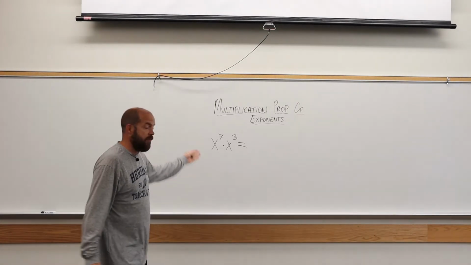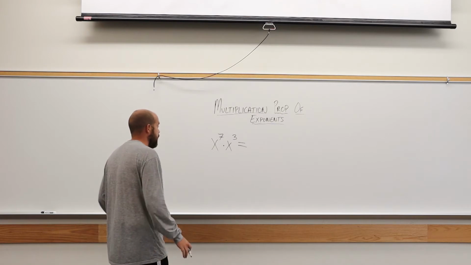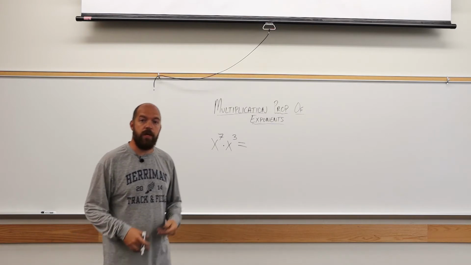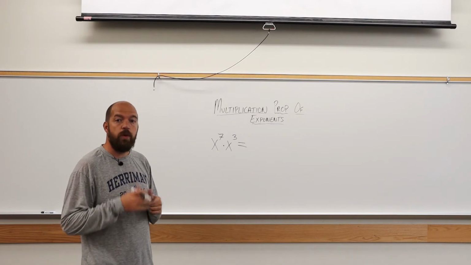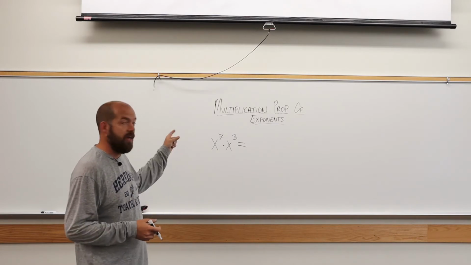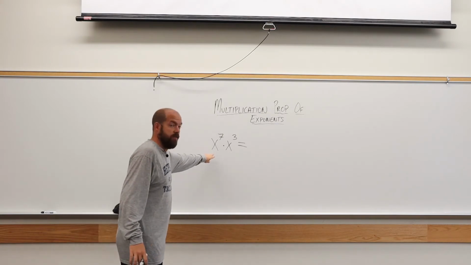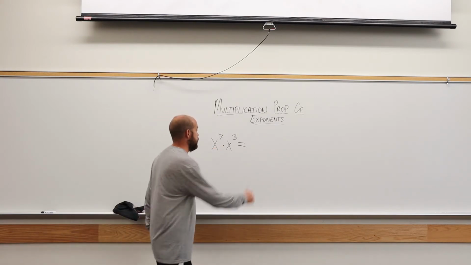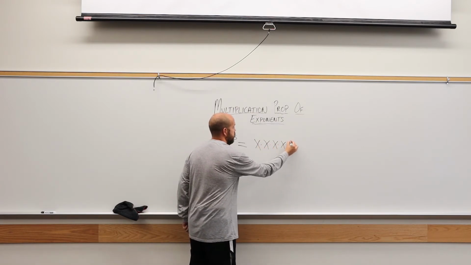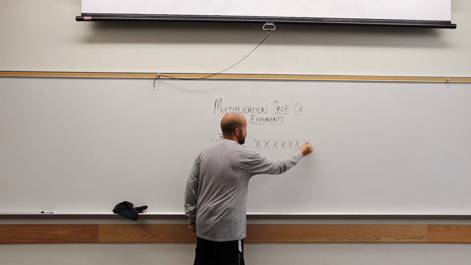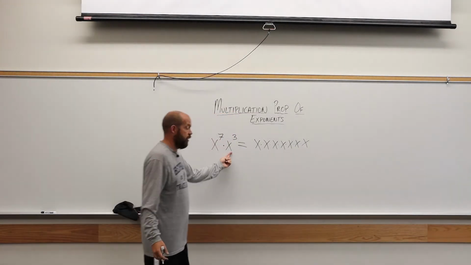I've got x to the 7th power times x to the 3rd power. I used to teach middle school math, and when I was doing problems like this, I would make my classes write this out with repeated multiplication for 1 week. So x to the 7th actually equals x times x times x times x times x times x times x, times, I still have 3 more.